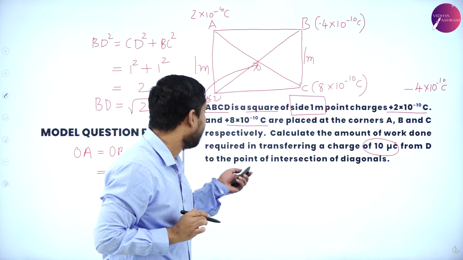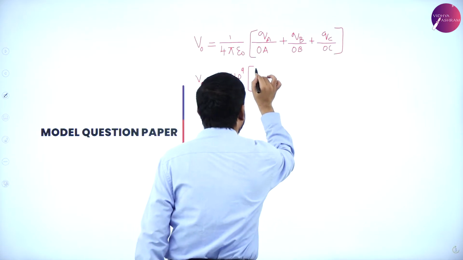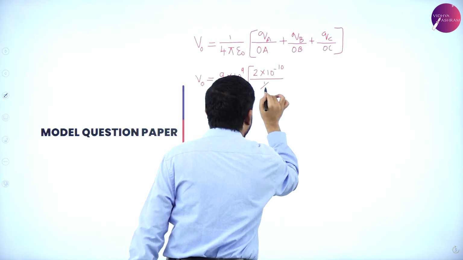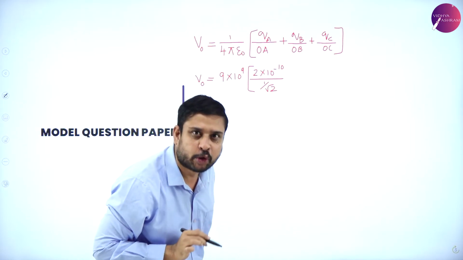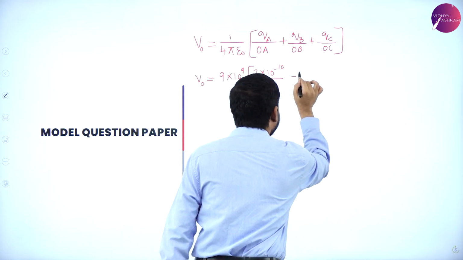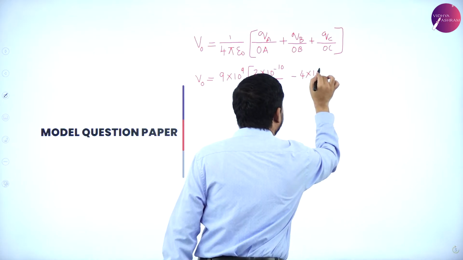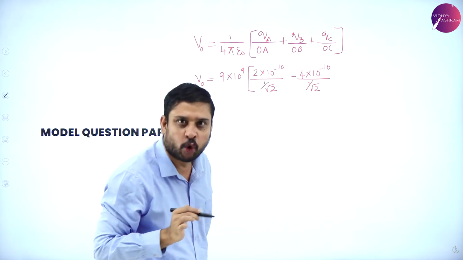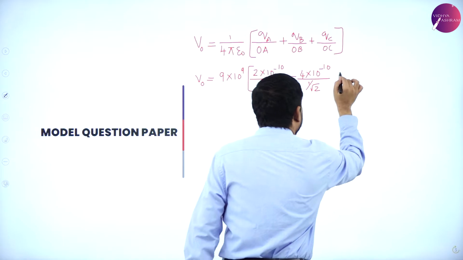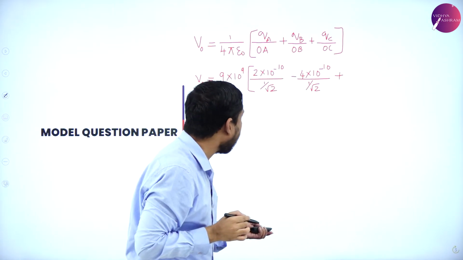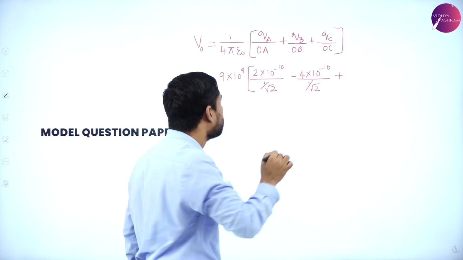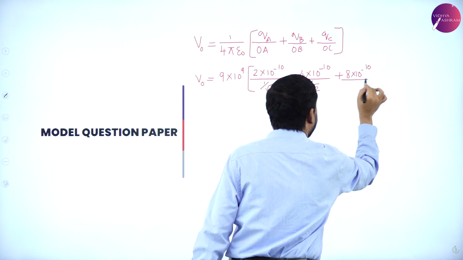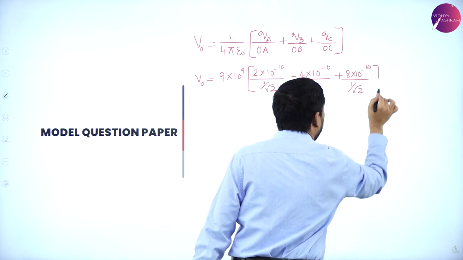It is 2 into 10 power minus 10 divided by 1 by root 2, minus 4 into 10 power minus 10 divided by 1 by root 2, plus the charge at C, 8 into 10 power minus 10 divided by 1 by root 2.